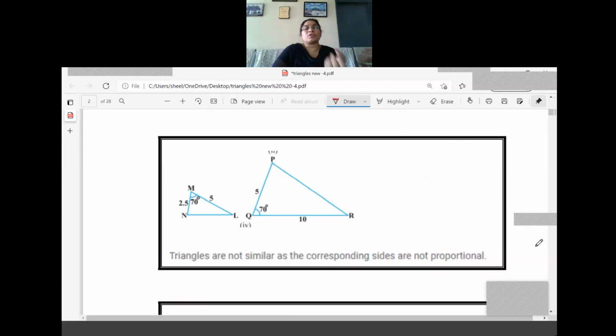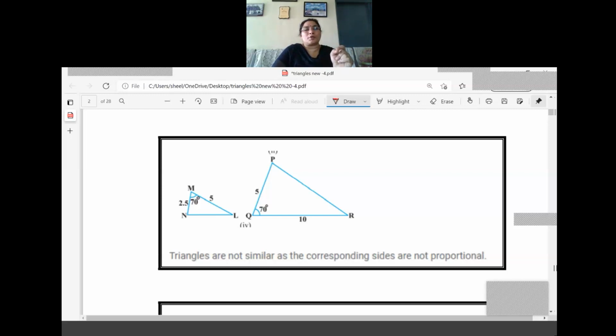Okay. Now the next question, the fourth one. What is given here? Definitely two sides and the included angle are given. In PQR also you can see two sides and the included angle. So the possible criterion is SAS. Now let us check the sides.